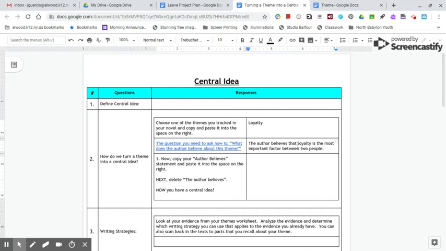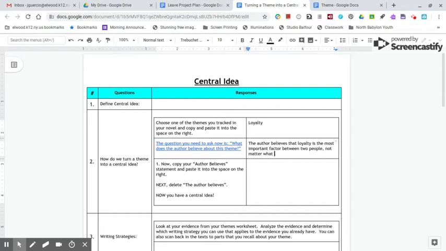Okay, and let's just leave it at that. The author believes that loyalty is the most important factor between two people, no matter what the circumstance. There's your author belief statement. That's the first part of number 2.